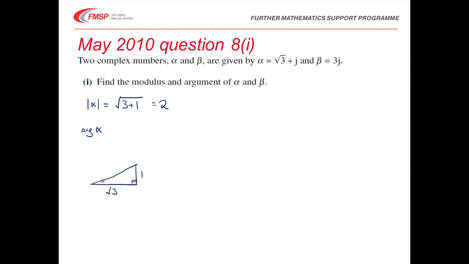So we're looking at this triangle here, and therefore it's inverse tan of 1 over root 3, which is pi over 6. For beta, we're just looking at 3j, which has modulus of 3, and it's plotted on the imaginary axis, so its argument is pi over 2.